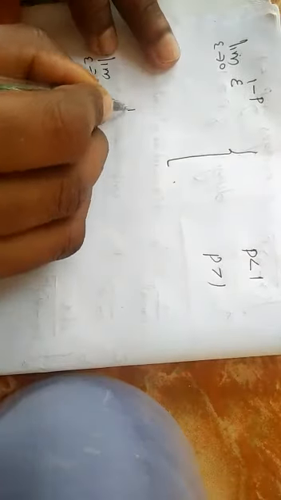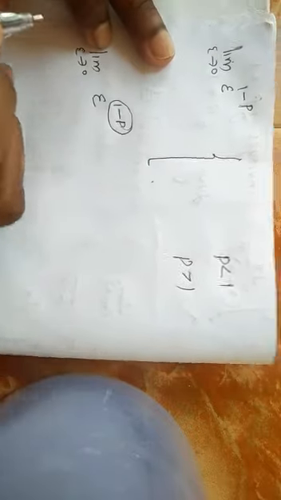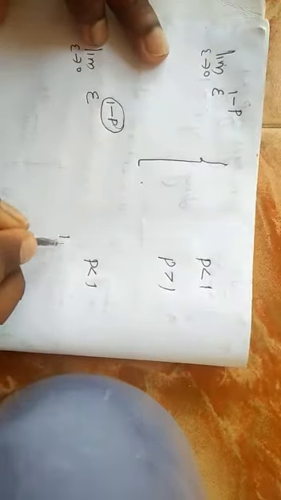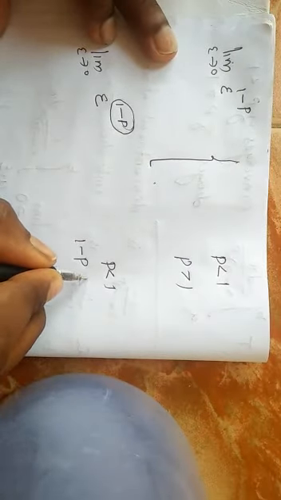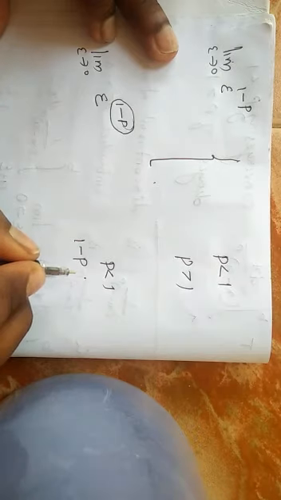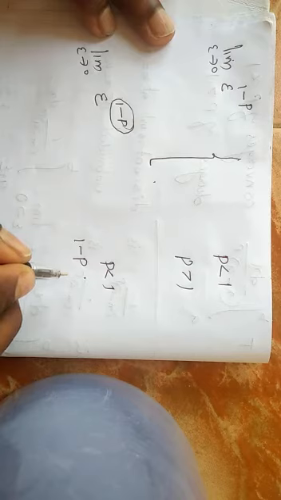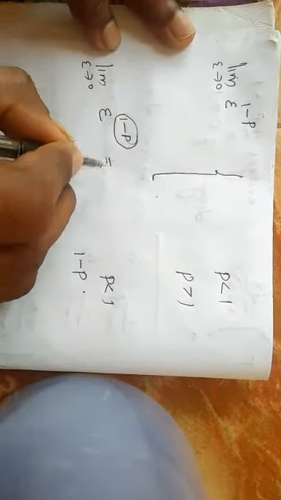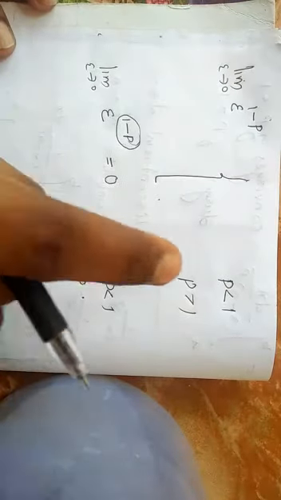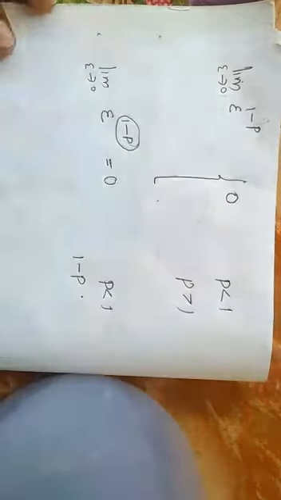For p less than 1, 1 minus p is a positive value. So that limit will become 0.